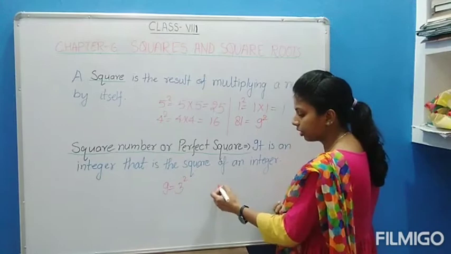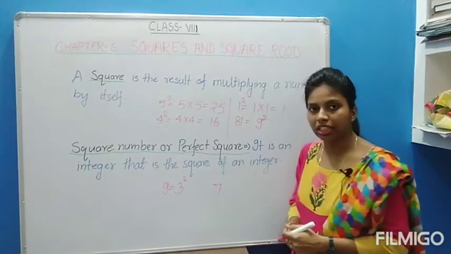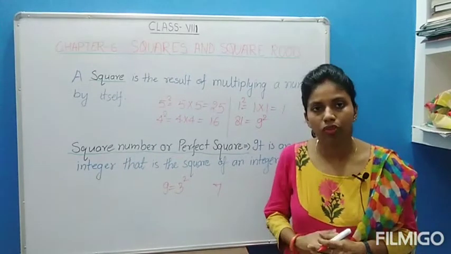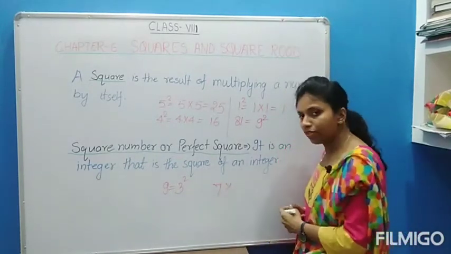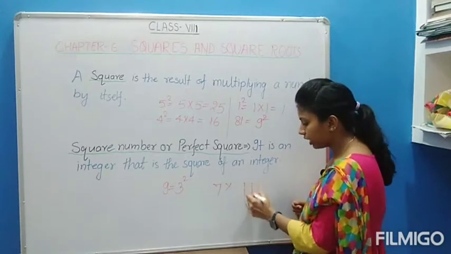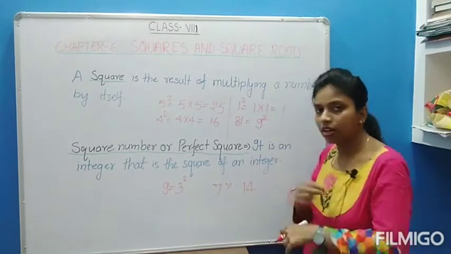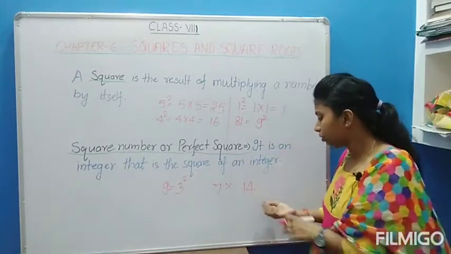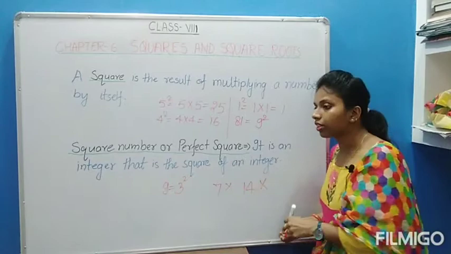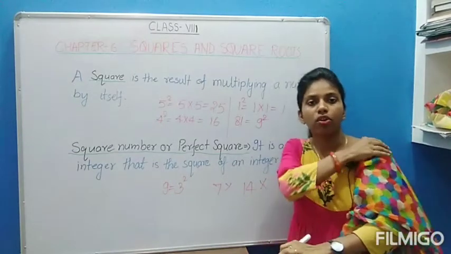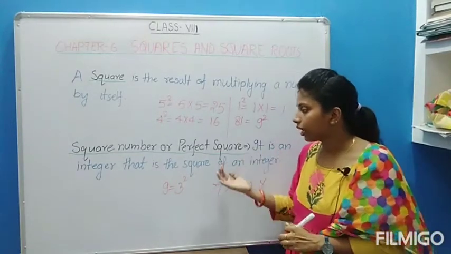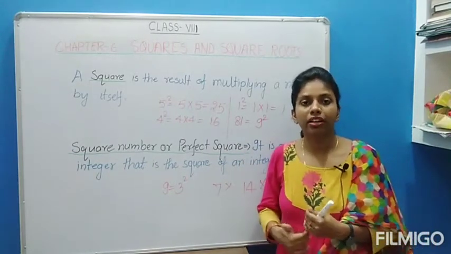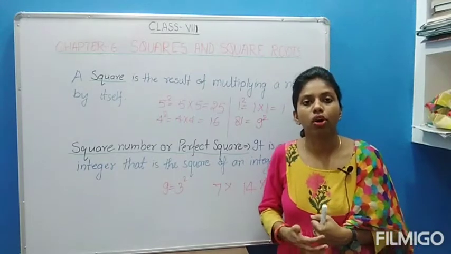Can we represent 7 in the form of any number square? No, we are not able to represent 7 in the form of any number. Can we represent 14 in the form of any number square? No, we cannot write 14 as the square of any number. So we get that there are only a few numbers which we can represent in the form of square of any number.